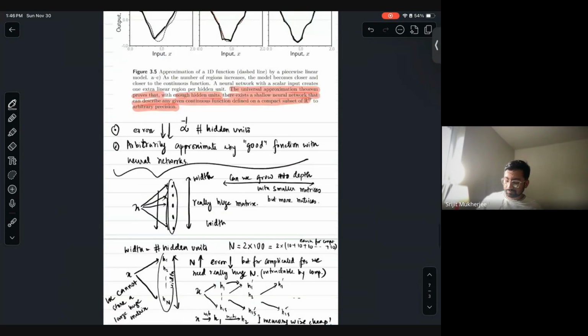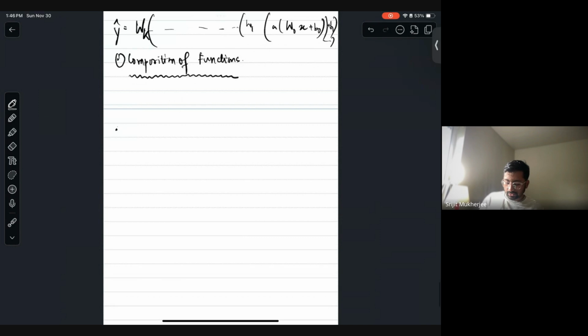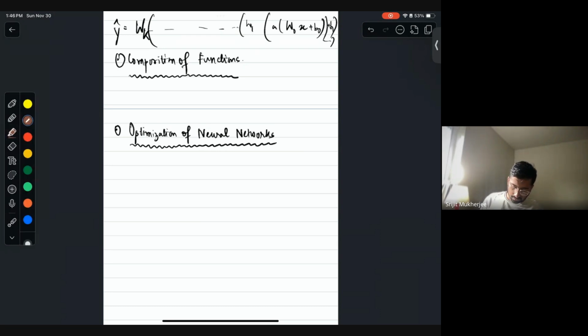Now, next day, we will look into optimization of neural networks. So what is done there?